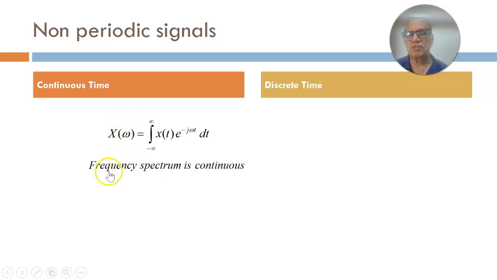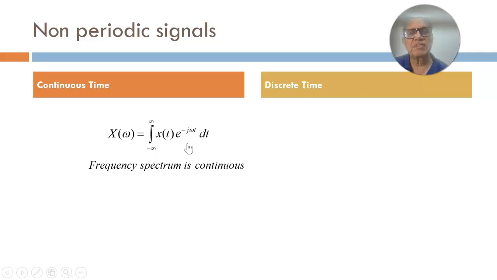We had shown this by first assuming a periodic signal, and let's say you have a periodic signal whose time period is 1 second. In that case, the fundamental frequency is 1 hertz, second harmonic is 2 hertz, third harmonic is 3 hertz. So the difference between the successive frequency components is 1 hertz. Now suppose you increase the time period to 10 seconds.